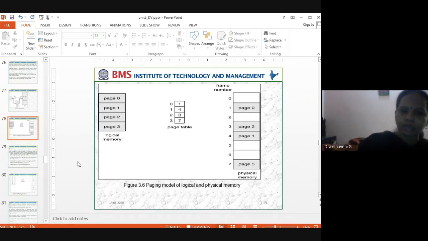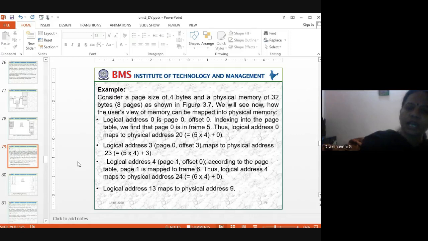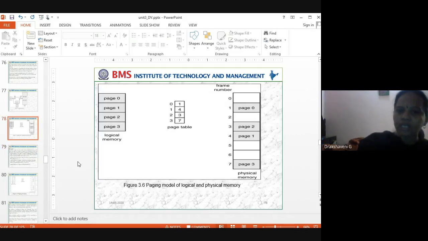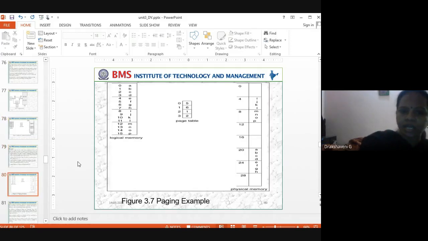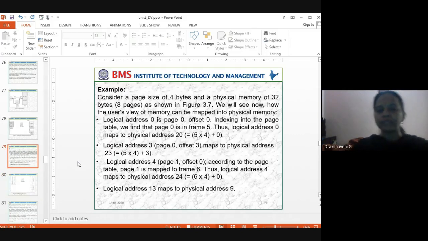They are asking us to find logical address 3. Logical address 3 is in page 0 only. So the offset is 3, and 5 into 4 plus 3 is 23.